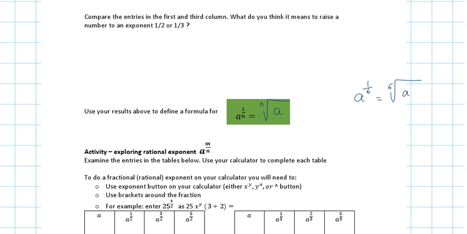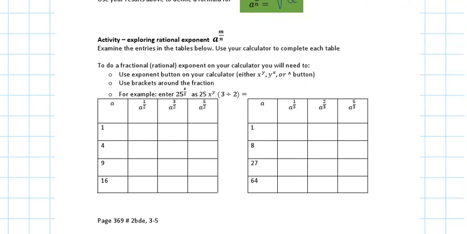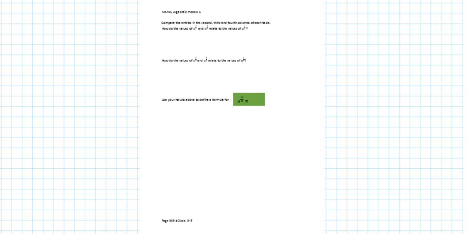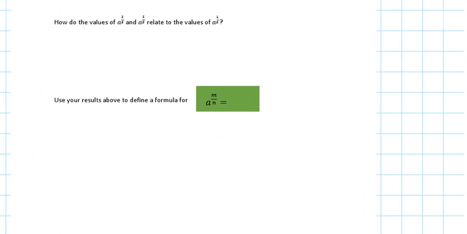So I'll leave filling out these tables for you guys to the end of this lesson. So here's what happened when I have a to the power of m over n. This here is the same as writing the nth root because that n is in the denominator.